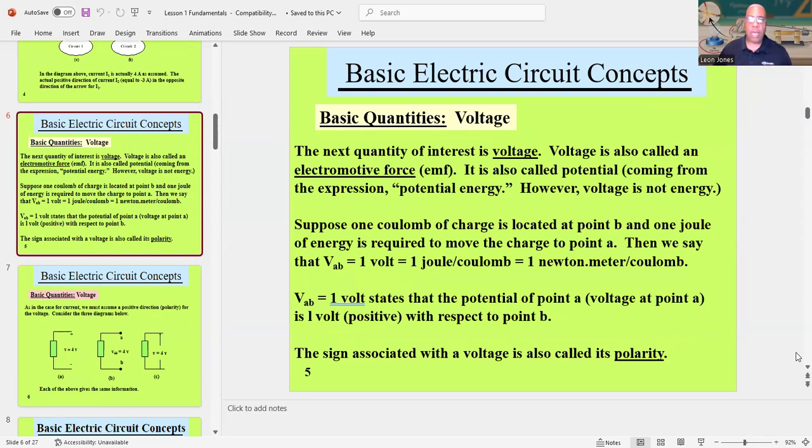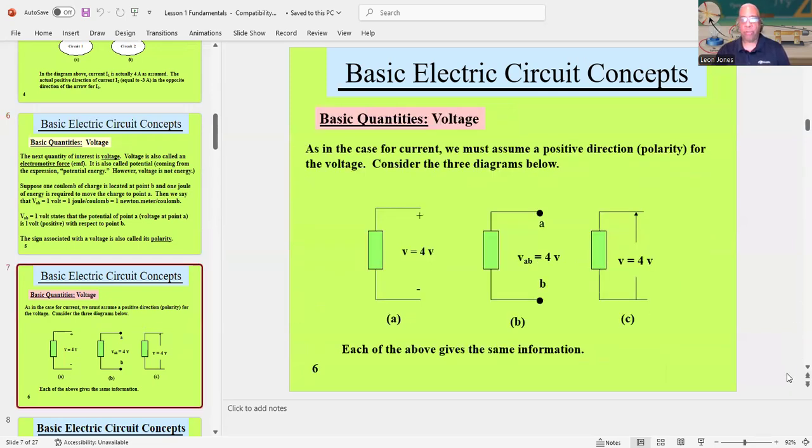Well, if VAB equals 1 volt, and it states that the potential of a point at voltage point A is 1 positive with respect to B, then the sign associated with that voltage is also called its polarity.